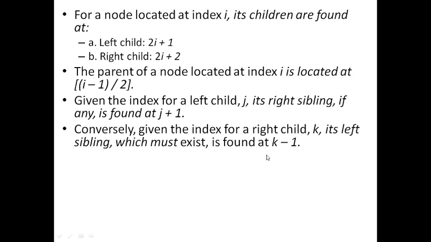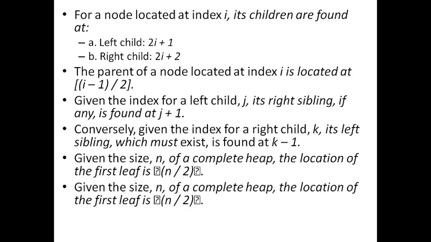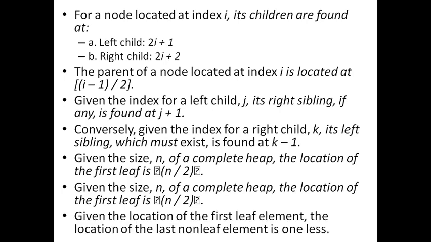In this way we can connect the indexes with the siblings as well as the parent. And given the size n of a complete heap, the location of the first leaf is at n by 2, and the location of the last leaf element is 1 less than n.